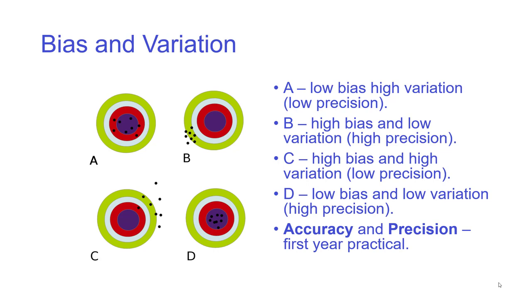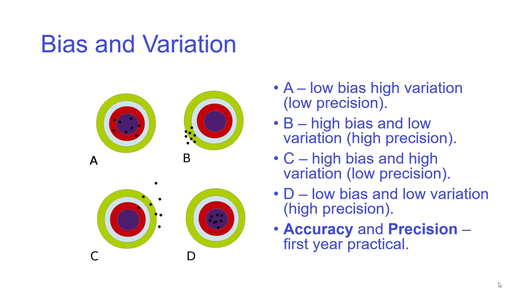When you repeat the experiment, you're getting quite a lot of variation introduced from either the experimental units or the way you're doing it. In B, the points are much closer together, so you've got a higher level of precision, but you're biased. You're nowhere near the accurate and correct result, which should be in the middle of the bullseye.